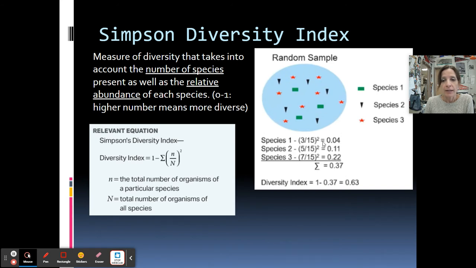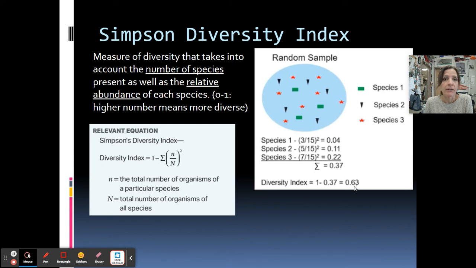And then you square that, and that's 0.04. And then you do that for species 2 and species 3, and then this sigma, remember, is sum, and so you add them all together. And then don't forget the last part where you subtract that from 1. So 0.063 would be your answer.